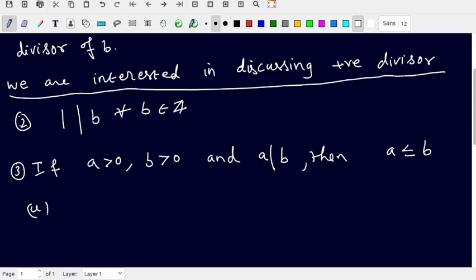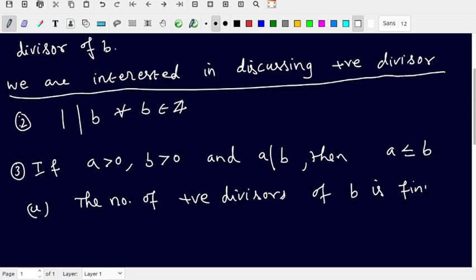That is, this property says that the number of positive divisors of any number B is finite.